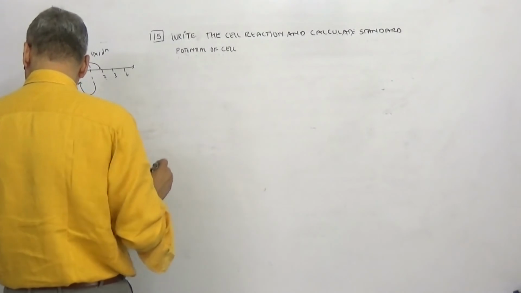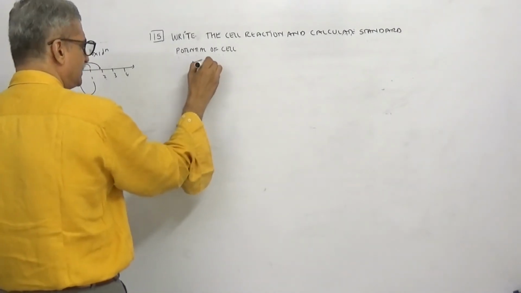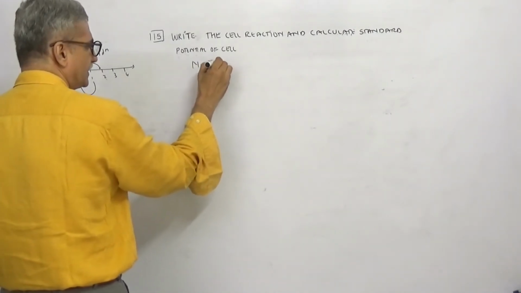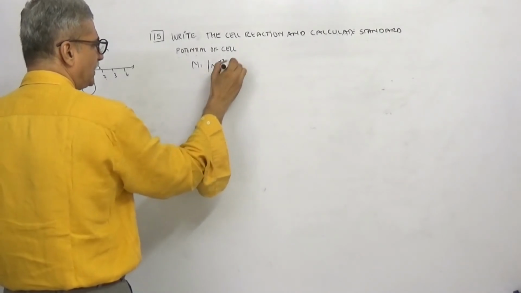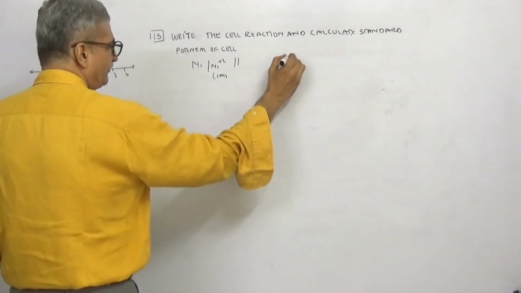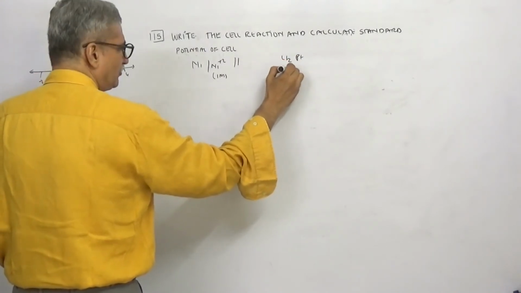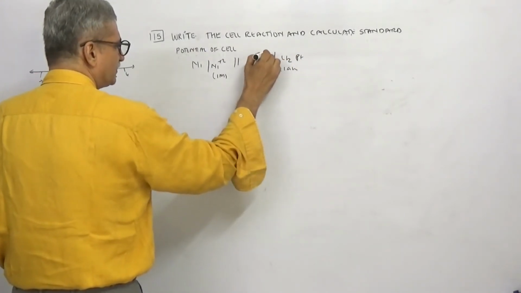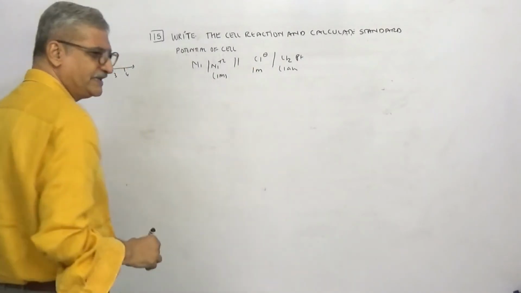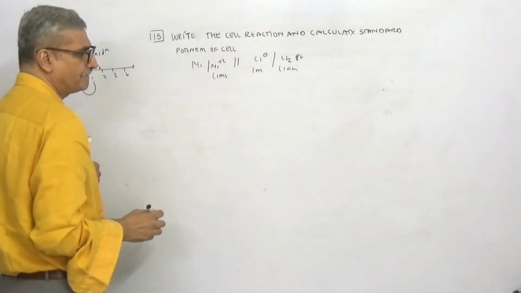What is given? Nickel plus 2, 1 molar. Then you have platinum, chlorine gas, 1 atmosphere, chloride ion, 1 molar. So everything is standard. It is clear.